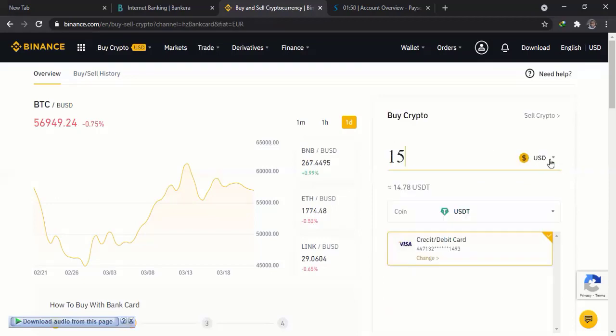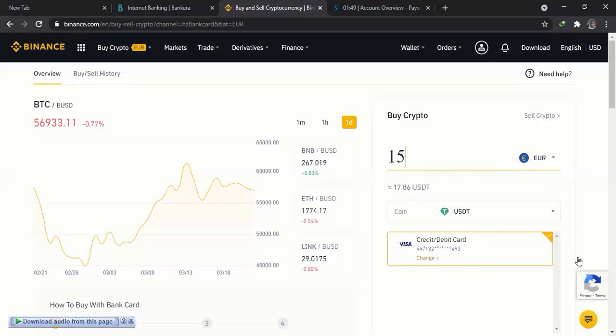Now, if you put it as euro, then let's check what the minimum euro amount is. So the minimum euro amount you can purchase is also 15. The maximum amount is 5,000. That's if you're using a card. Now with 15 euros, let's see how much Tether you're going to get. Before adjusting for the price, you're going to get 17.86 Tether.